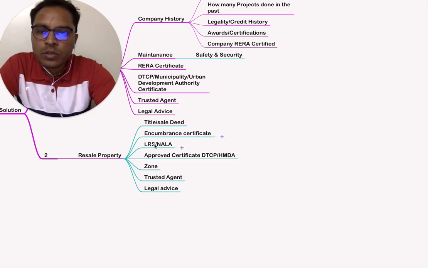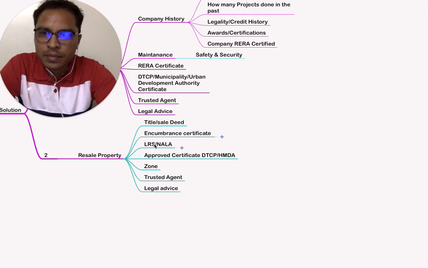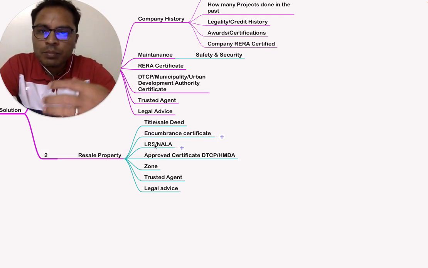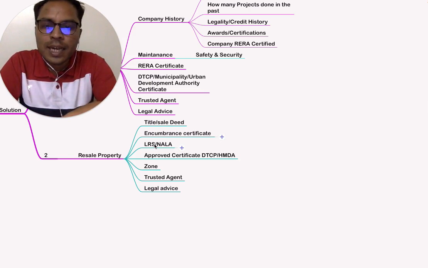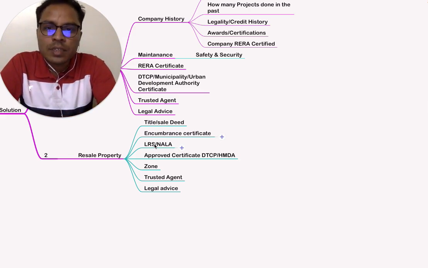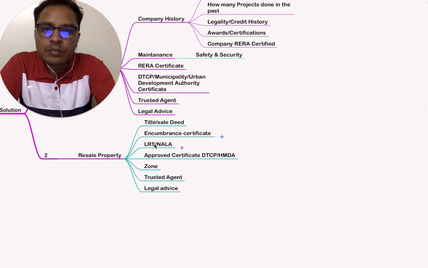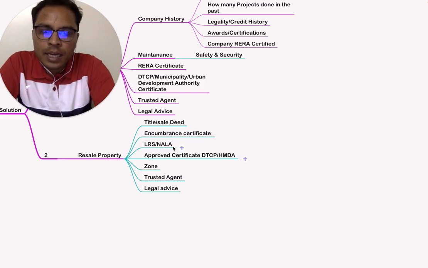And you need to also check the LRS certificate, because if the plot is LRS certified, some risk is minimized, because the government has given the land regularization certificate, and the NALA conversion, the non-agricultural land use certificate.